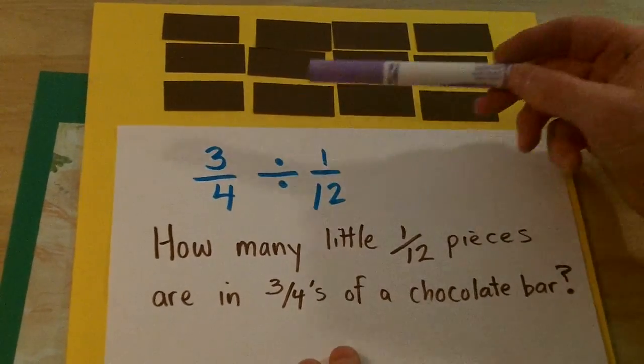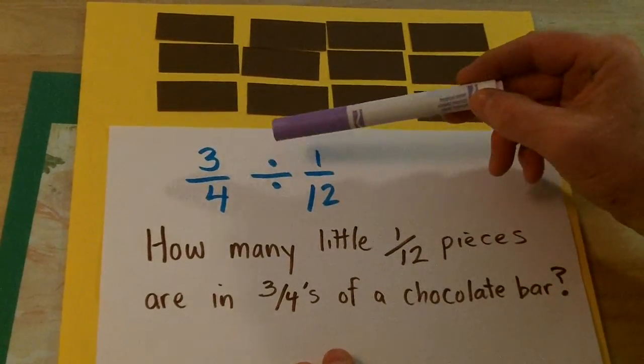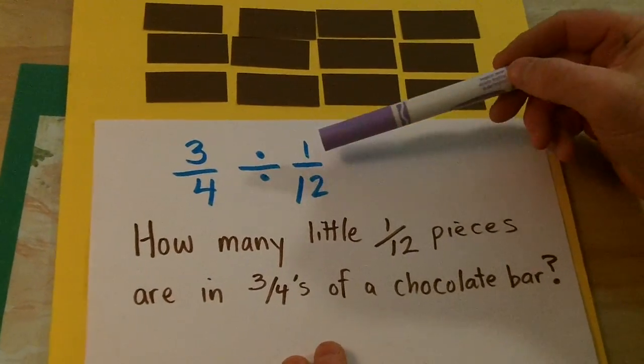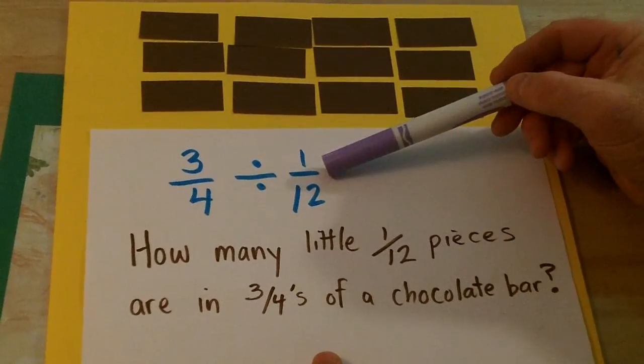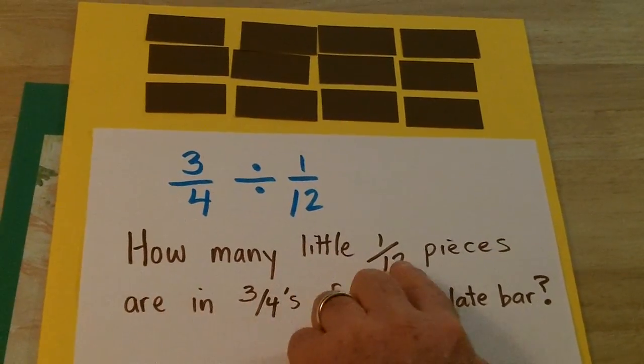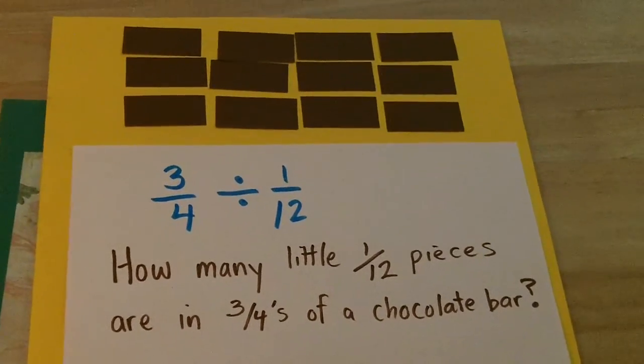Now let's say the problem is we're taking 3/4 of this candy bar, and we're going to divide it by 1/12. So the pieces are 1/12, and how many little 1/12 pieces are in 3/4 of a chocolate bar?